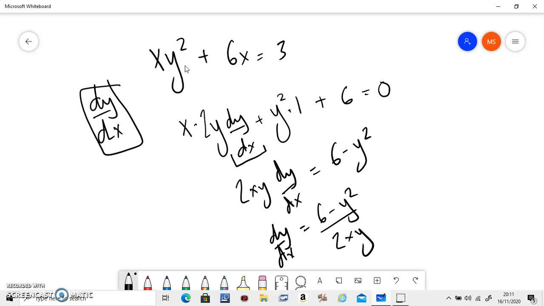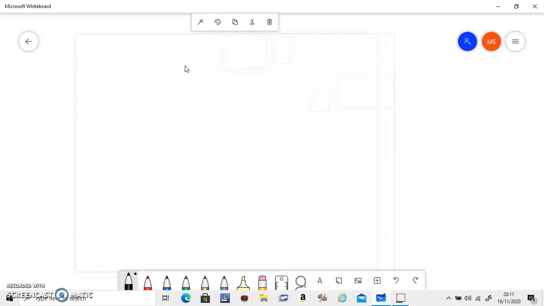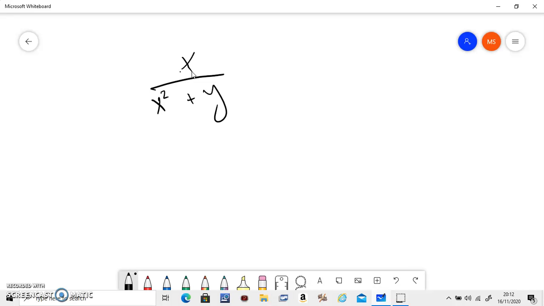So let's do one where you have to use the quotient rule and implicit differentiation together. Let's do something like this. You have x divided by x squared plus y equals, let's do y. Yeah, a bit difficult.